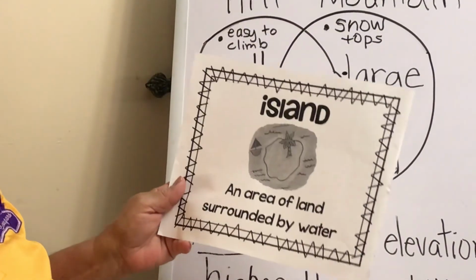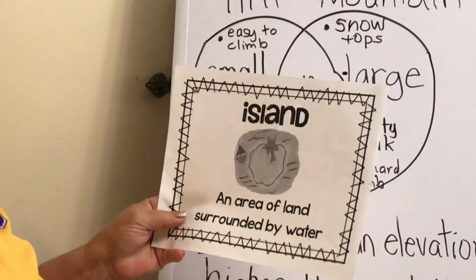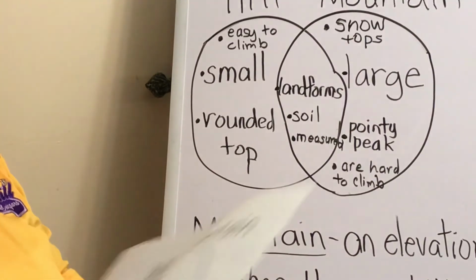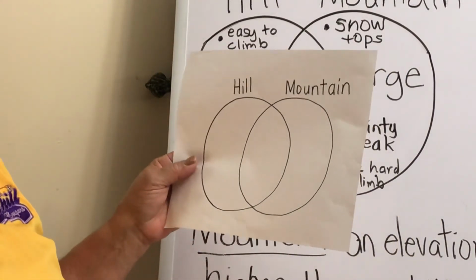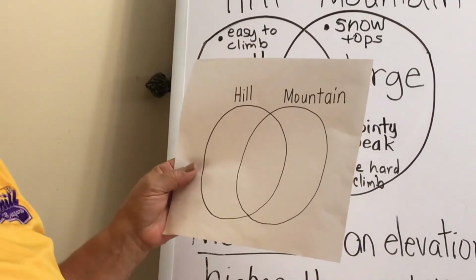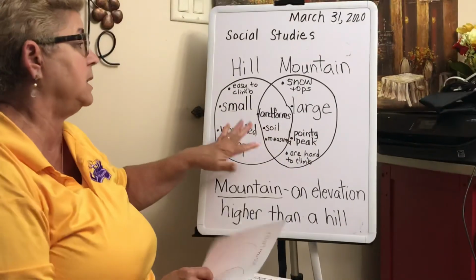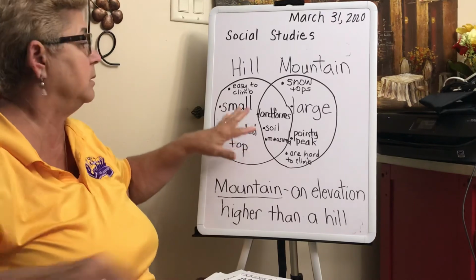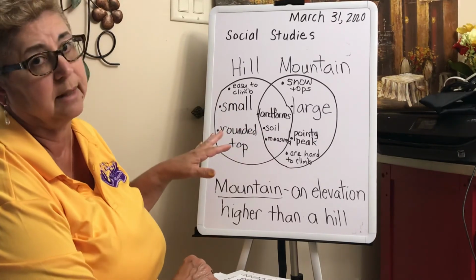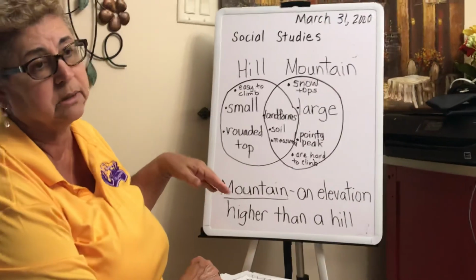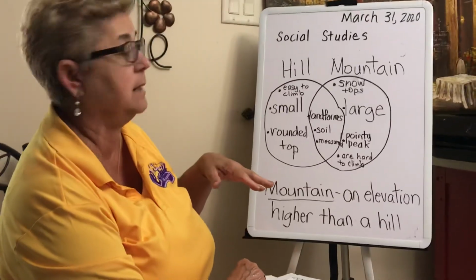We don't really have any worksheets for you. What I'll do is I'll put the hill and the mountain on for you to see if you want to download it. But I put it on here so that you can use your sheets, because we did this a lot in school, kids. We did a lot of writing ourselves, because the more we write, the better we get.